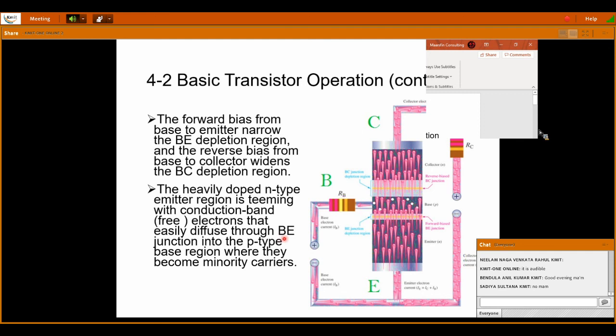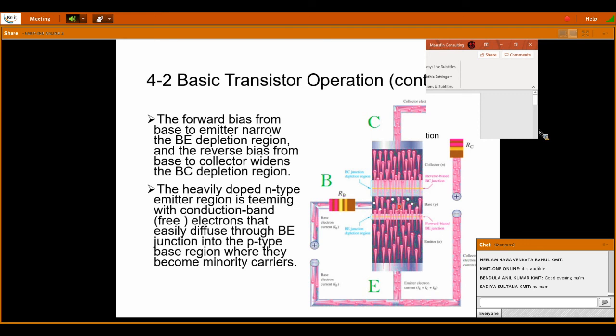When the barrier is nullified, if I keep increasing my input junction voltage, then the charge carriers will move from your emitter terminal and enter into the base terminal, which constitutes a current called the base current, represented by IB.